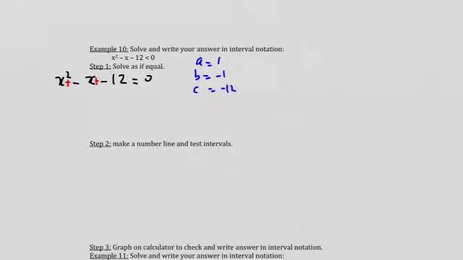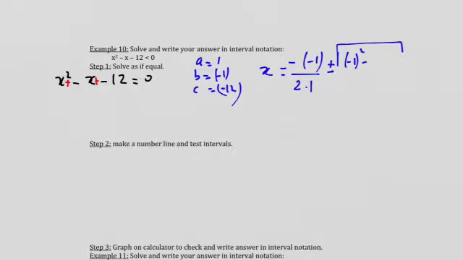If I want to solve using my formula, negative b, so negative 1, I'm going to use a parenthesis every time I'm using a negative number, divided by 2a, so divided by 2 times 1, plus or minus the square root of b squared, so negative 1 squared, minus 4 times a times c, which is minus 12, divided by 2a, divided by 2 times 1.